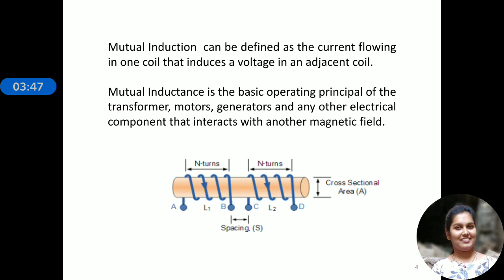When two or more coils are magnetically linked together by a common magnetic flux, they are said to have the property of mutual inductance. I repeat, when two or more coils are magnetically linked together by a common magnetic flux, they are said to have the property called mutual inductance.